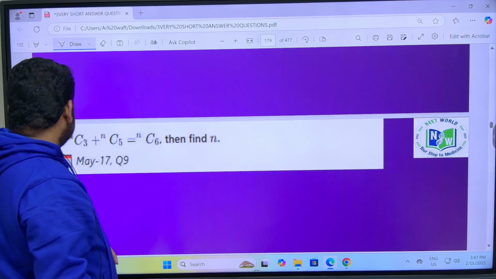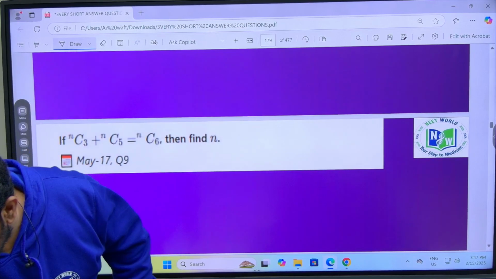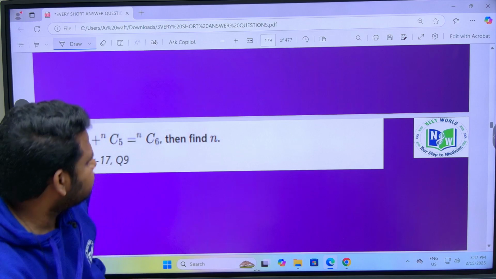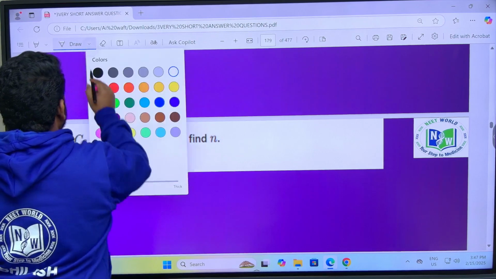Question 17: if nC3 + nC5... The question is: 9C3 + 9C5 is equal to 10CR.